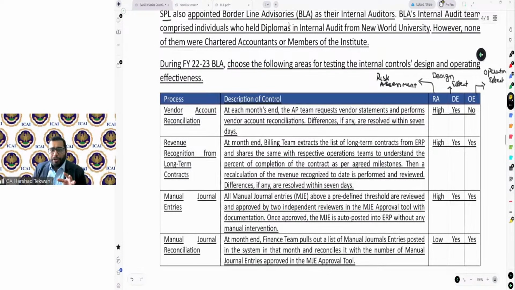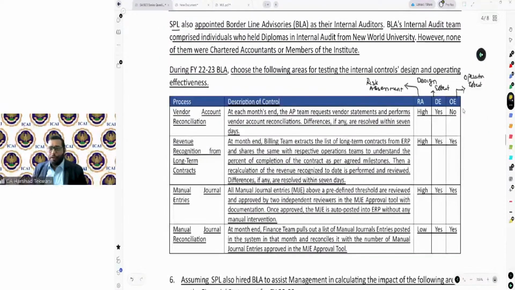I need to look into 3 things. If I'm able to get the details for those 3 things, then only I can decide whether I can rely upon the work of internal audit or not. Which are those 3?